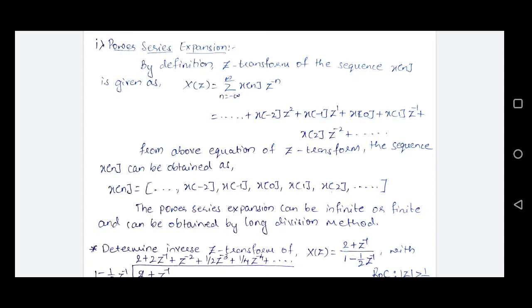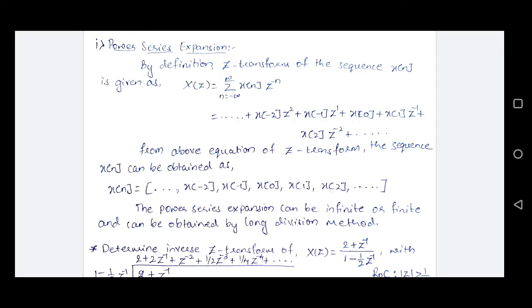In power series expansion method, we'll be recovering discrete time sequence from the Z transform by long division method. So from this expansion of the summation, we'll just write the constants associated with the Z variables. It will give us the discrete time sequence x of n.